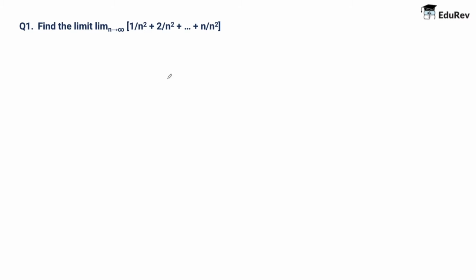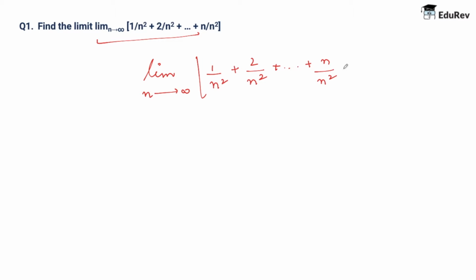Question 1 states that we need to find the limit of this. Now, when I write limit n tending to infinity of 1 by n square plus 2 by n square and so on plus n upon n square, I can take n square as common.